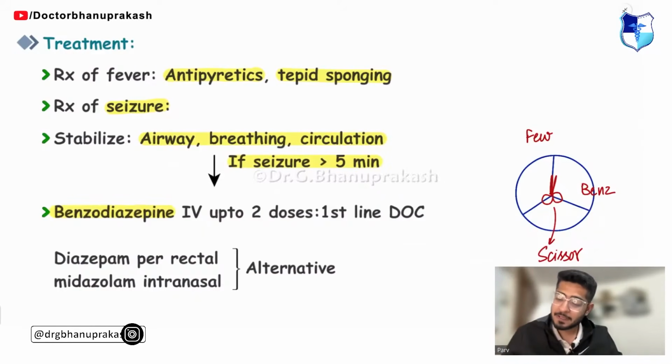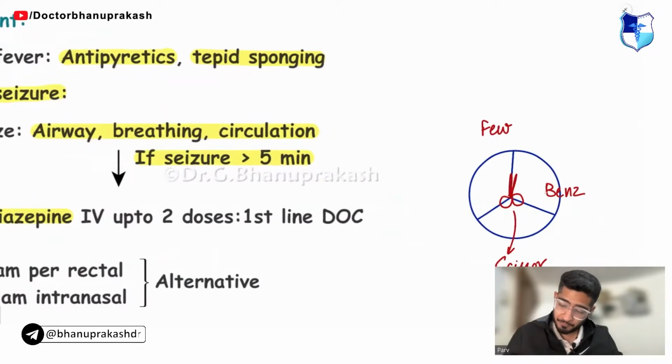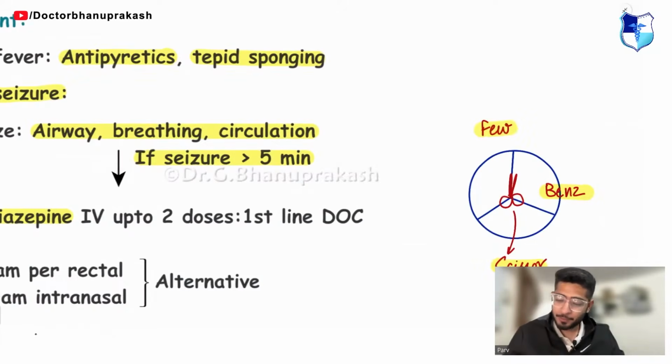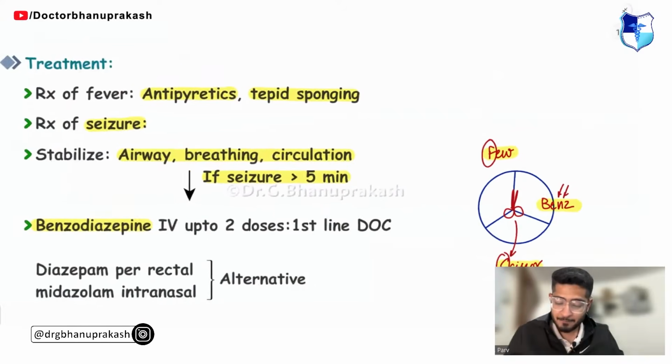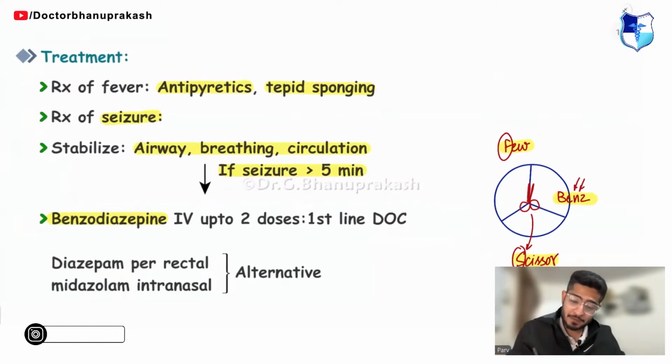Remember this as the Mercedes-Benz sign: I have drawn a seizure, and only a few people have a Mercedes-Benz. The treatment of febrile seizure is Benz, that is, benzodiazepine. Generally we give IV, but rectal diazepam and intranasal midazolam can be used.